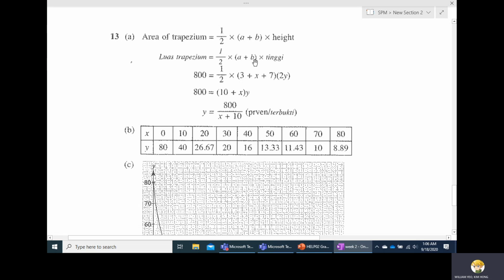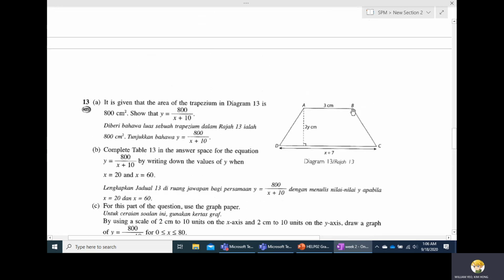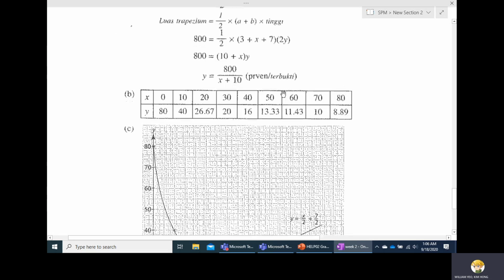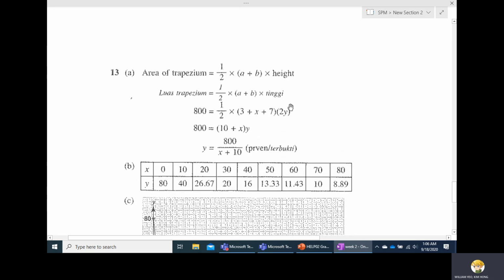Half. What is A? 3. What is B? X plus 7. So 3 plus X plus 7 multiply the height. These 2 and these 2 can cancel, right? So you are left with Y only. 3 plus 7 is 10, so you have 10 plus X, Y.